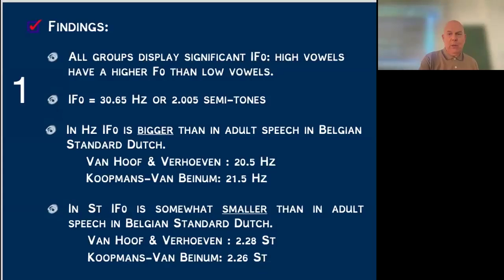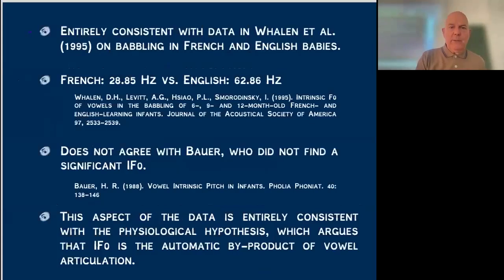I don't know to what extent those differences are meaningful and need further interpretation. But I think the conclusion really is that these findings are just very consistent with what Whalen and Levitt report in their meta-analysis, but in terms of children, also consistent with their research on infants, babbling in infants.